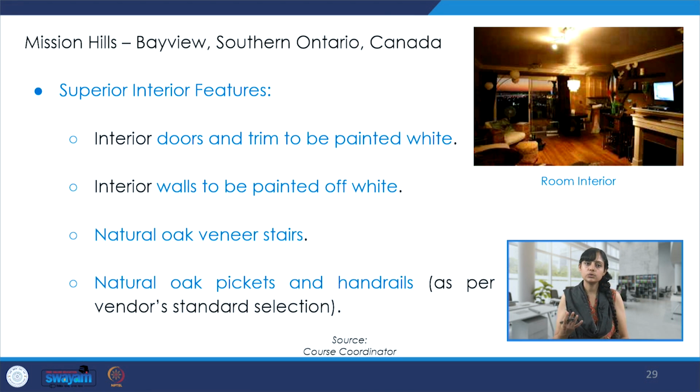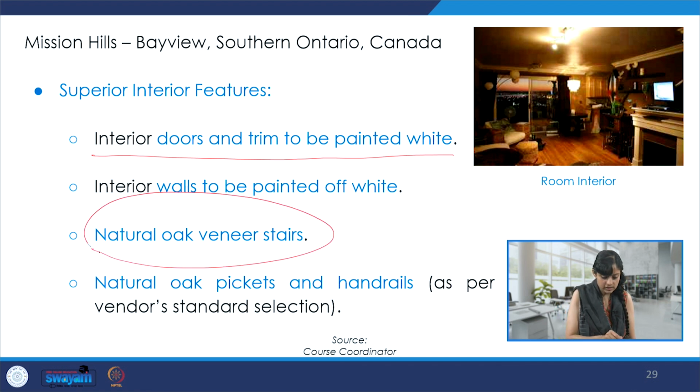So, again, to consider some of the interior features, interior doors and trim to be painted white was a decision. Interior walls also to be painted off-white, so these are shades of white. Then natural oak veneer stairs.